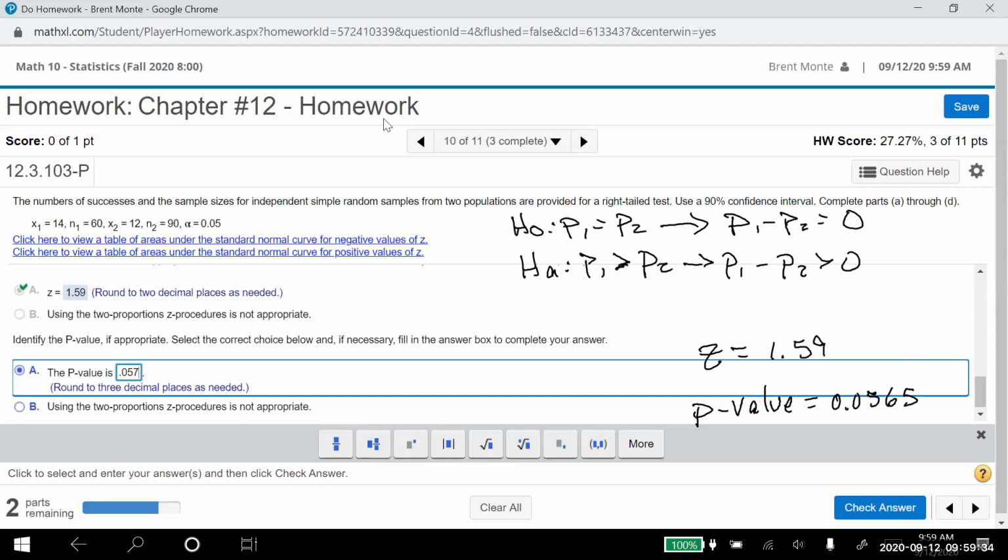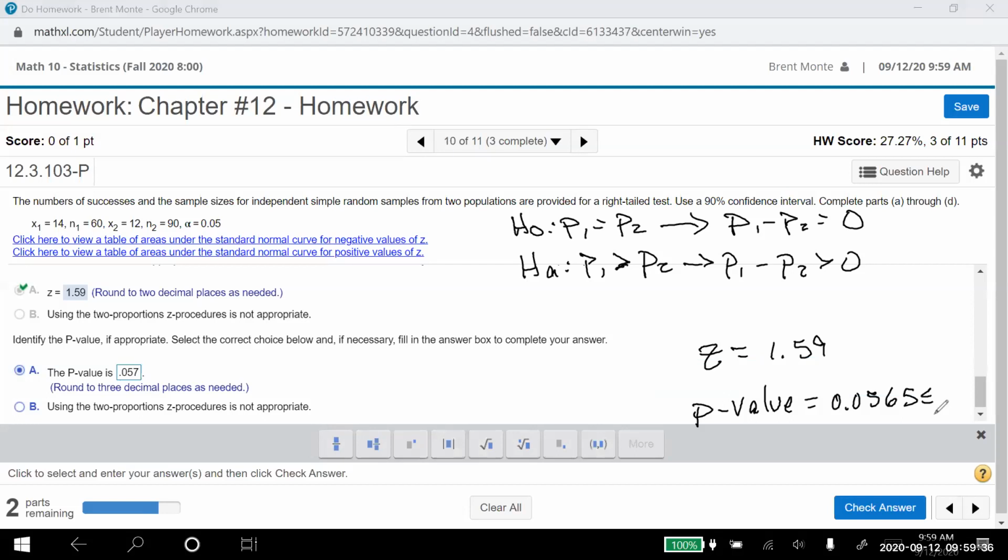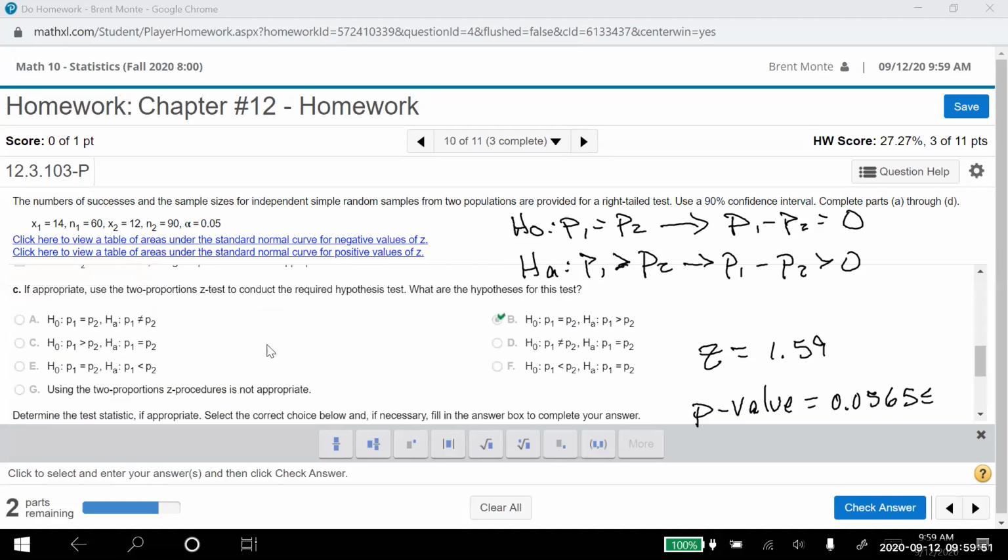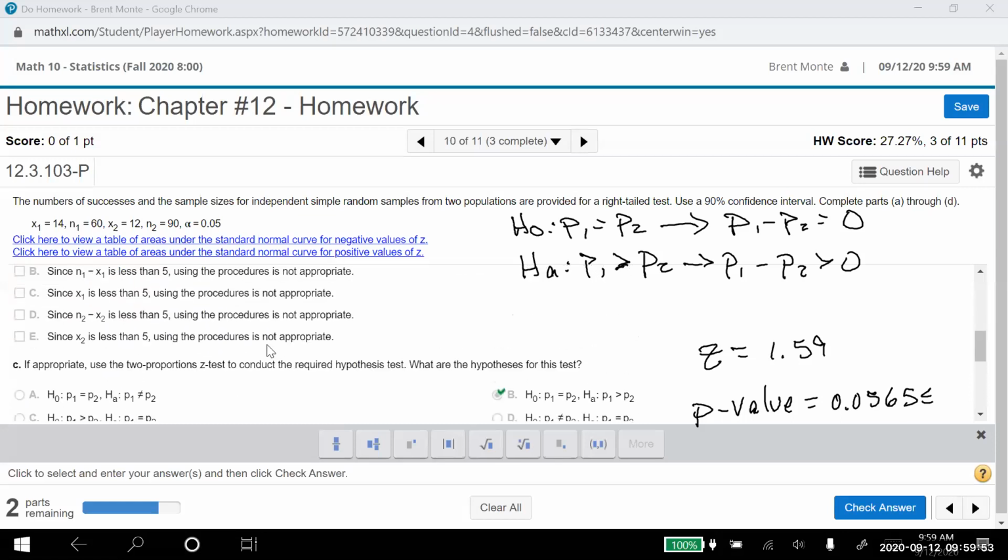So remember, here's what happens. We're comparing the p-value to less than or equal to alpha.